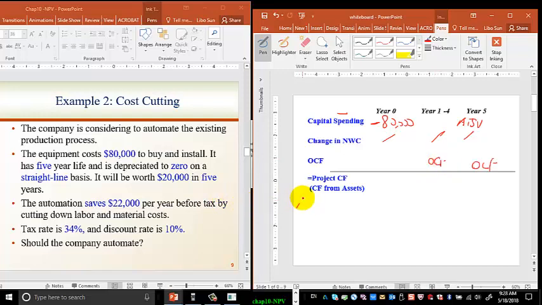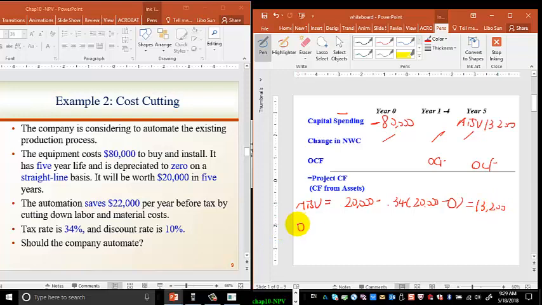So, ATSV calculation. The machine is sold for $20,000, tax 34%, salvage value 20,000. In the end, the machine will be depreciated all the way to 0 in year 5. So in year 5, when we sell the machine, book value is 0. The ATSV is $13,200.